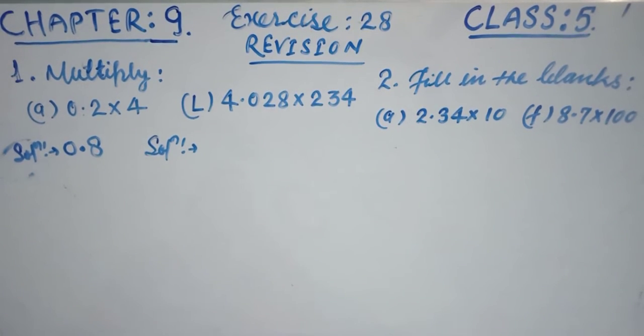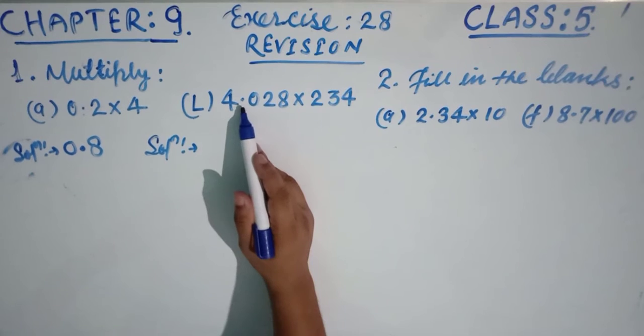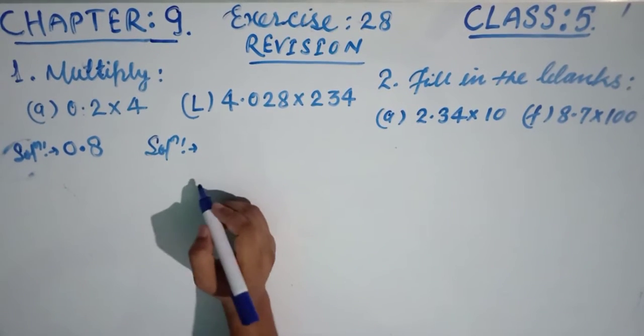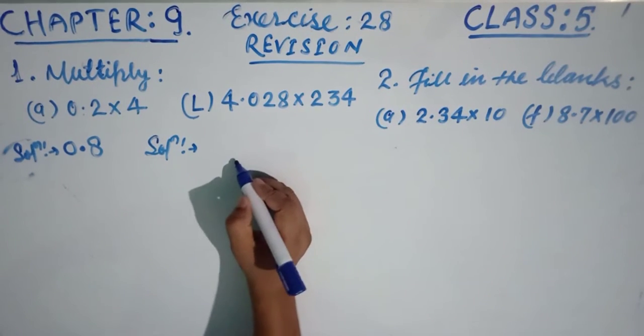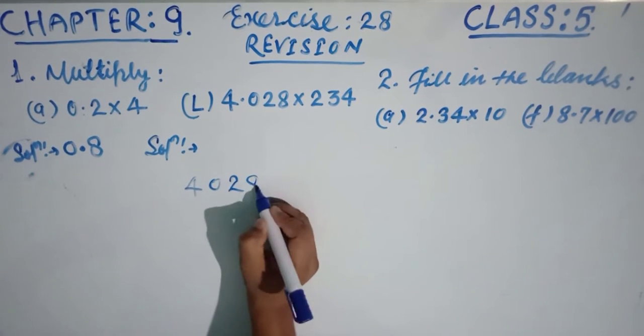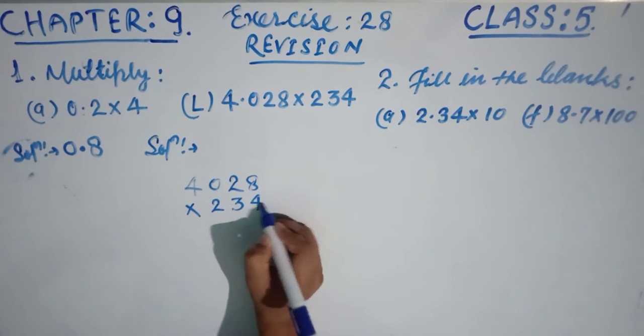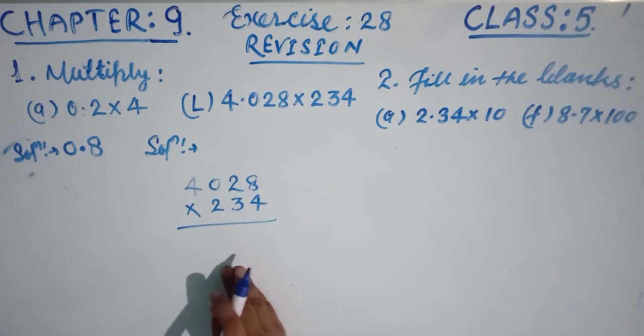Then we will apply the decimal after counting the digits after the decimal. Now see friends, in order to multiply, first of all multiply 4.028 by 234.